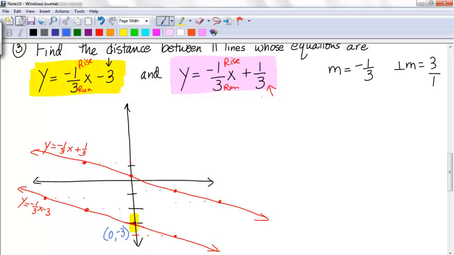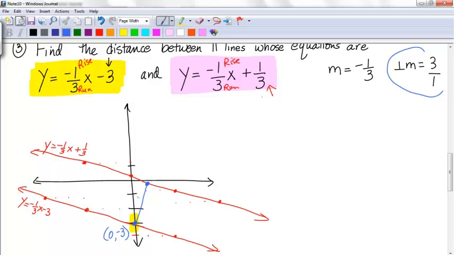And if we want to find the distance between those two lines, we already found a perpendicular slope. So we want to go from this point and go perpendicular to this other line, and we want to find an ordered pair over there. Okay? Make sense?